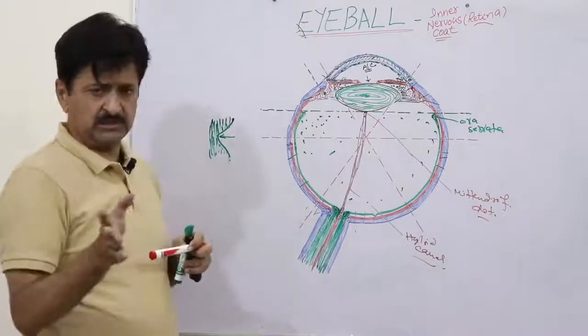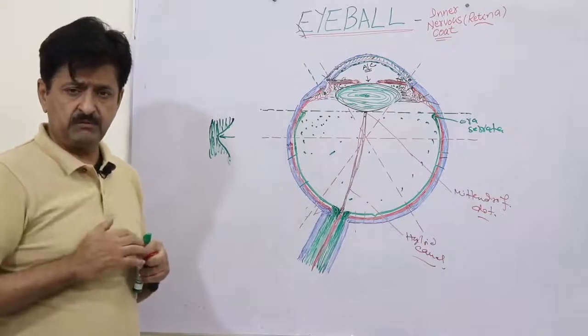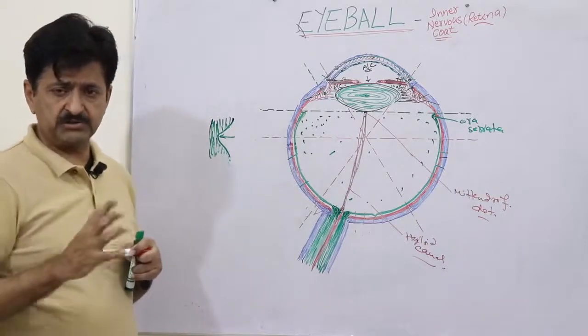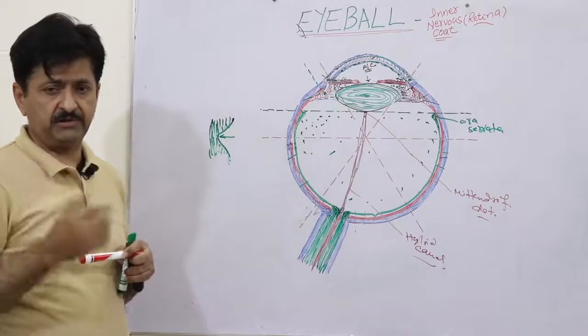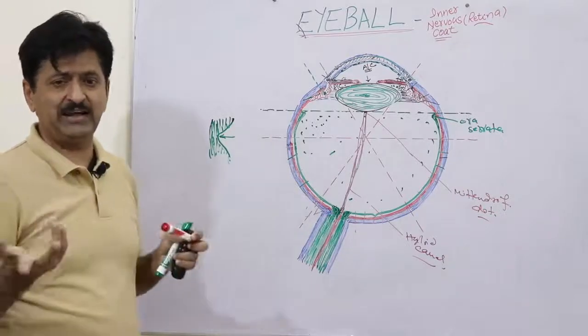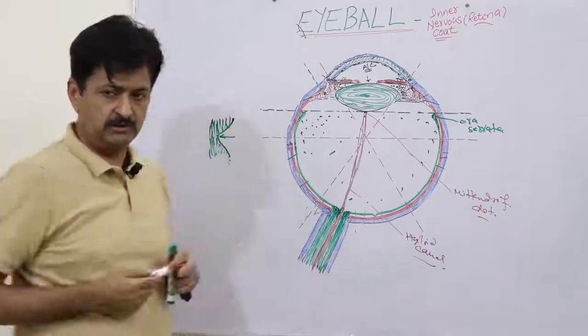That is called the Mittendorf dot. The hyaloid canal is nothing but the distal vestigial part of the hyaloid artery, or the distal obliterated hyaloid artery, and the proximal intact hyaloid artery is today called the central artery of the retina.